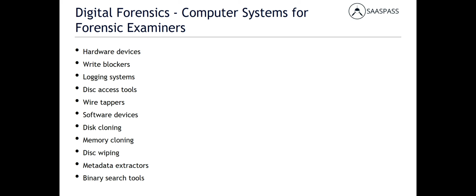These binary search tools could help you to search for some specific text, some specific piece of file, or maybe they may even find pieces of specific file types for you based on previously known signatures of those kinds of files.